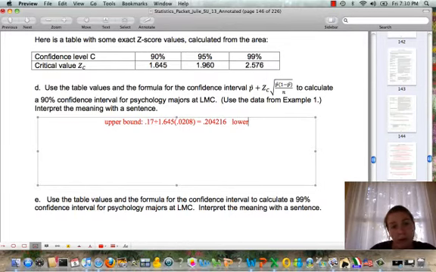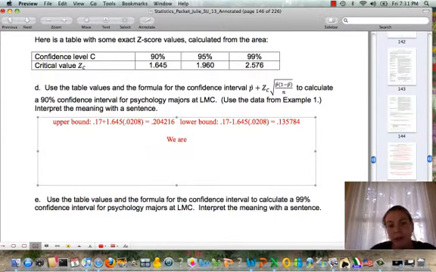For our lower bound, we're going to do the same calculation but with subtraction, still using that same z-score. So this will be 0.17 subtract 1.645 times 0.0208. And that works out to be 0.135784.